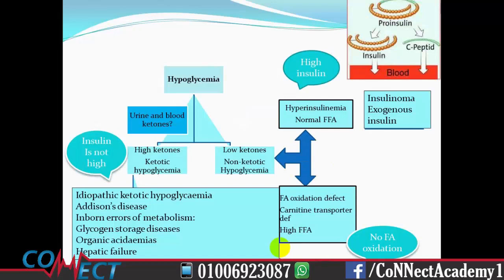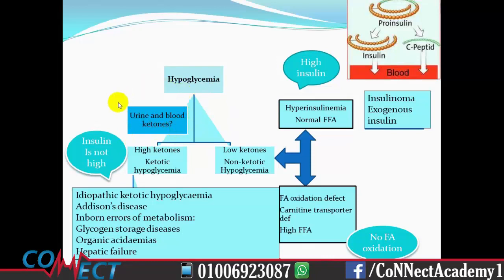So if we find a child to be hypoglycemic, that means that one of these mechanisms is failing. The first step to do when we find a child with repeated attacks of hypoglycemia is to assess, does he have high levels of urine and blood ketones or not?